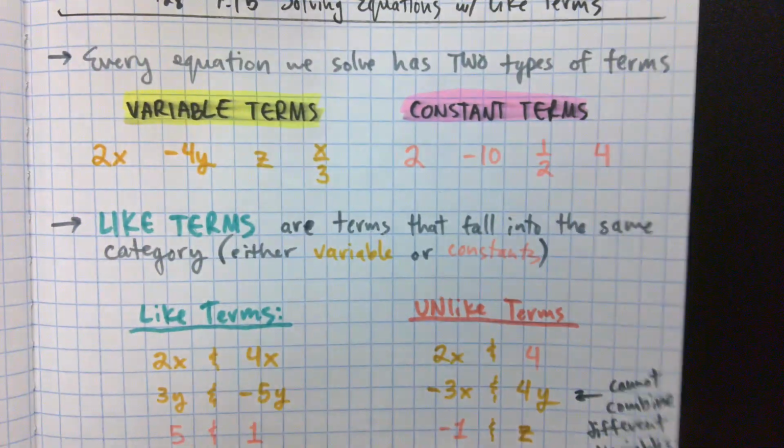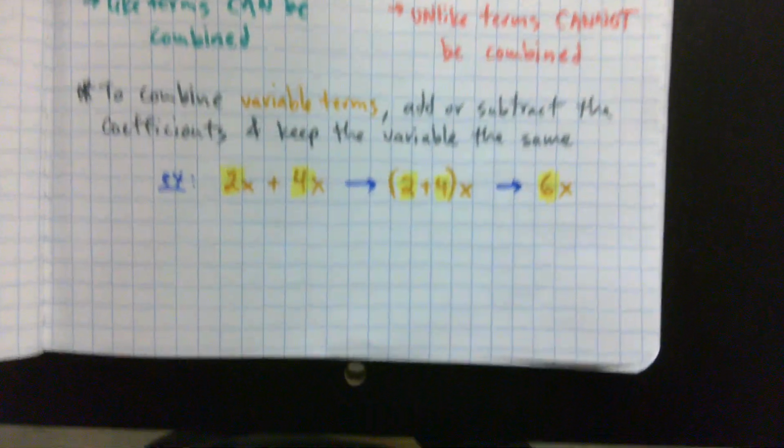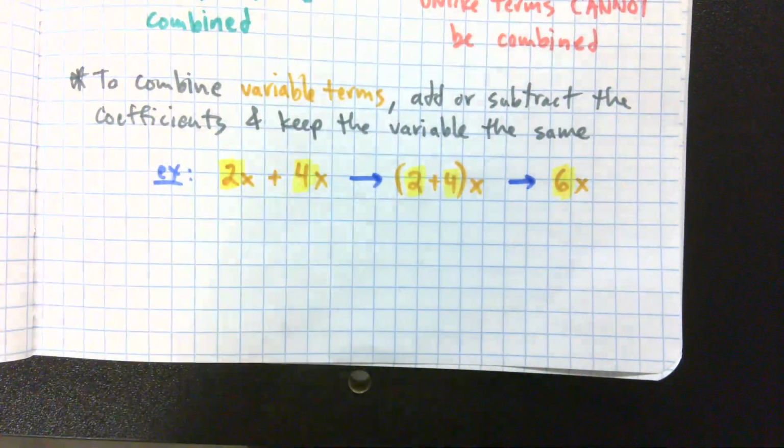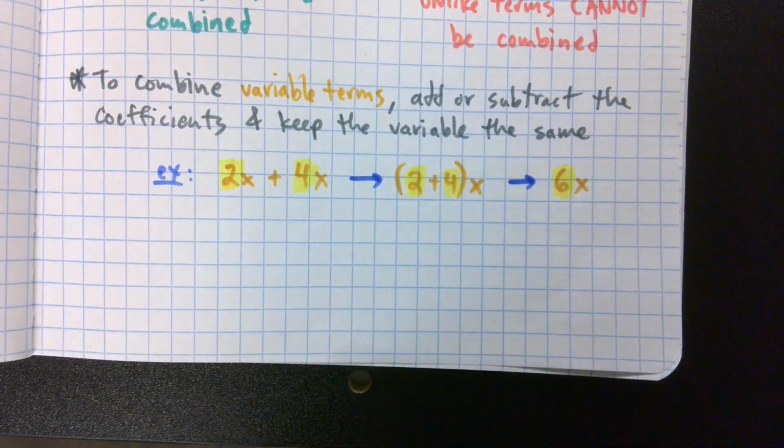I'm going to go back. You can add this on to the end after that example, but I forgot to mention something extremely important that we need to get down.